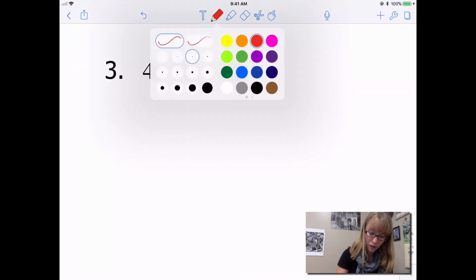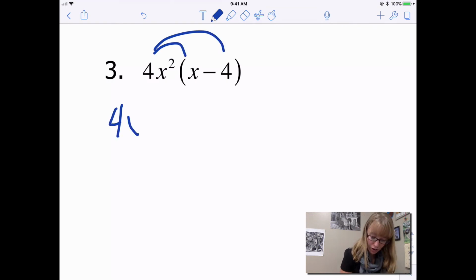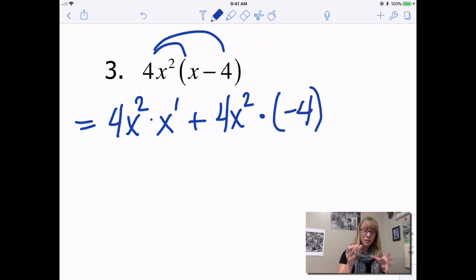We have 4x squared times x minus 4. On this one, I just have the 4x squared on the outside, so I can use the distributive property. So I have 4x squared times x to the first plus 4x squared times negative 4. If you don't need to do that middle step like I just wrote down, that's totally fine.